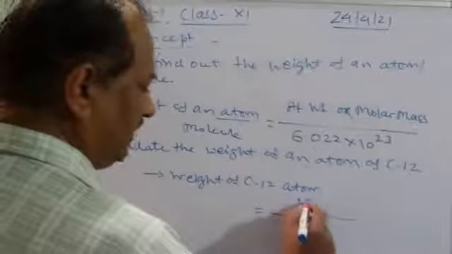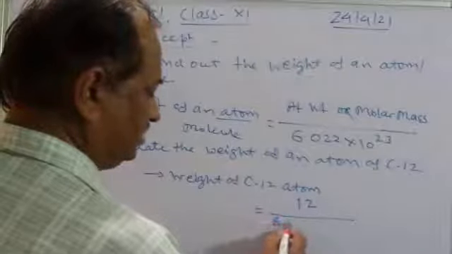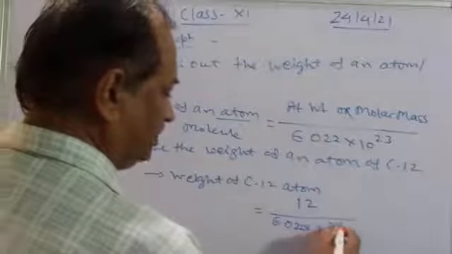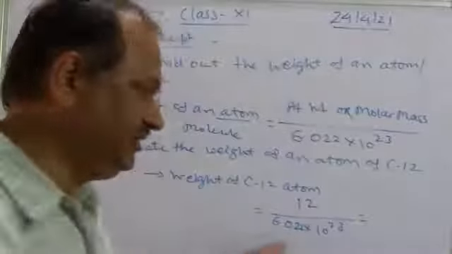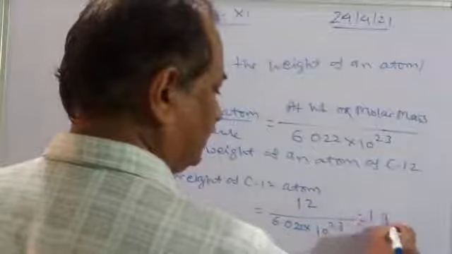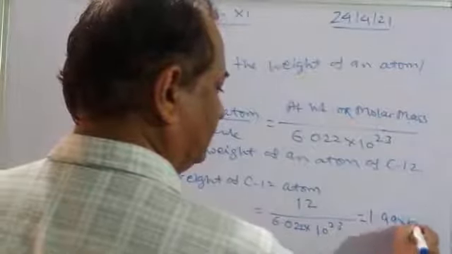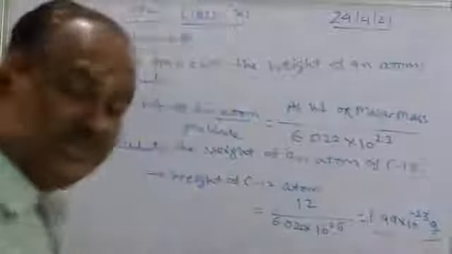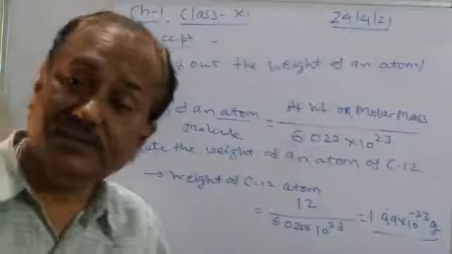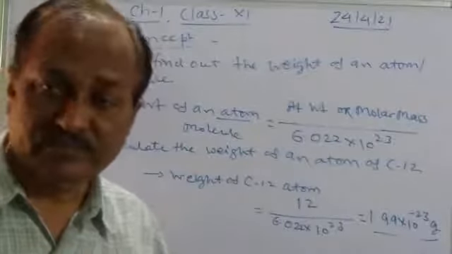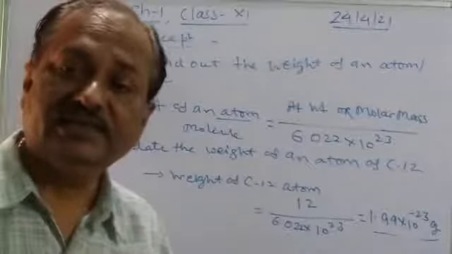Here we write 12 upon 6.022 into 10 to the power 23. We divide, and it will be 1.99 into 10 to the power minus 23 grams. This is a very important point to note about the mole concept and its applications.